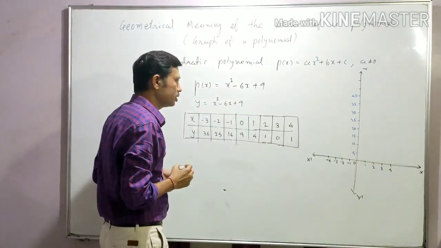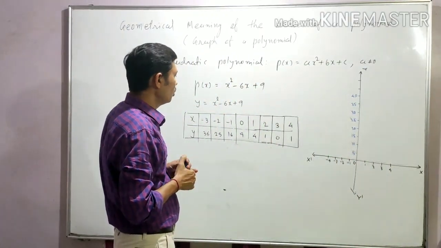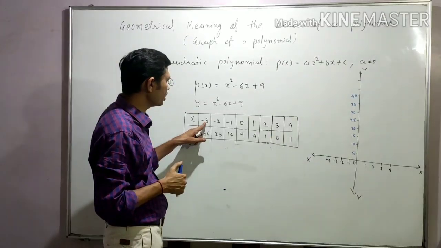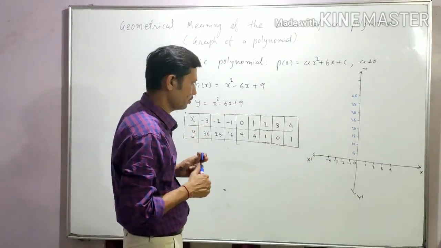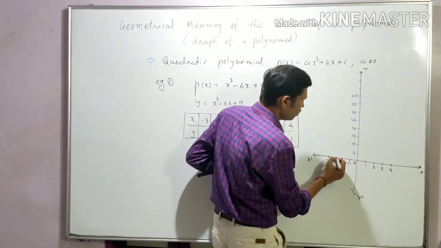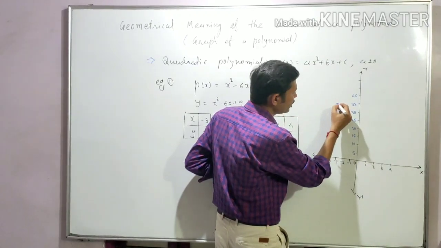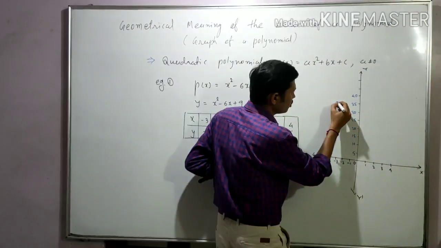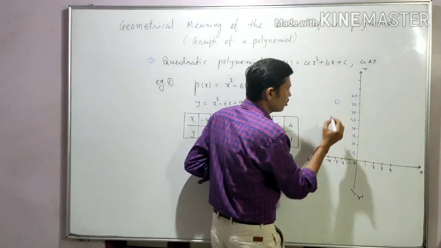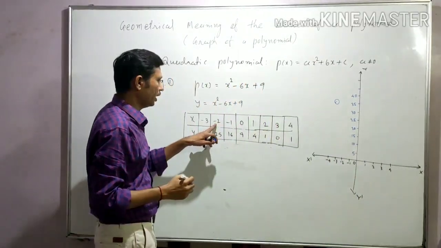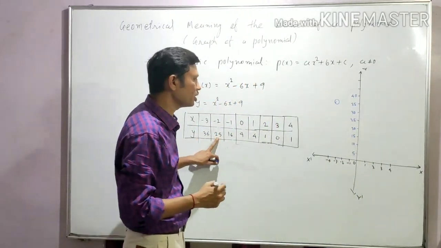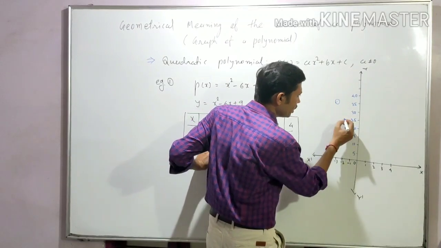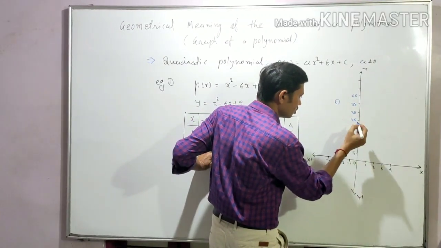Let's understand it one by one. Now here x coordinate is minus 3, so y is 36. X minus 3 and y is 36, so it's a little bit above the 35. Suppose I am placing it here. Then x coordinate is minus 2, y coordinate is 25. So minus 2 and 25, it's exactly here.